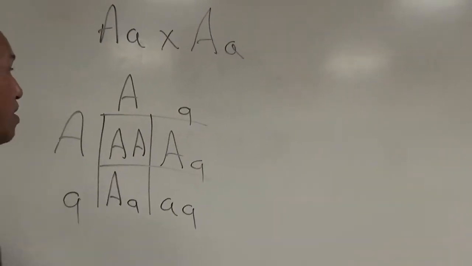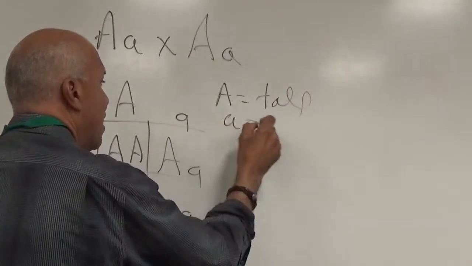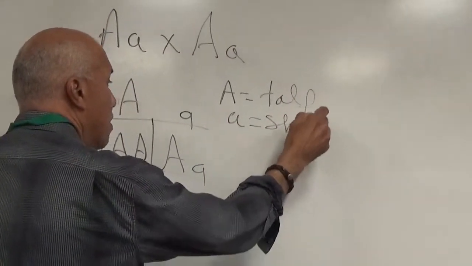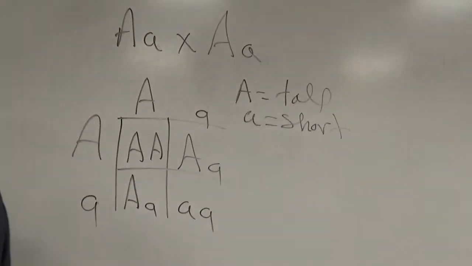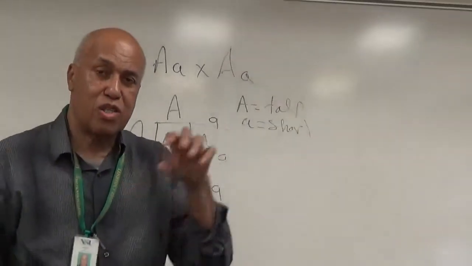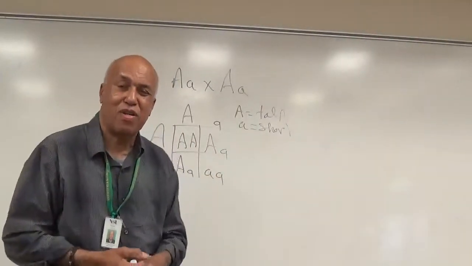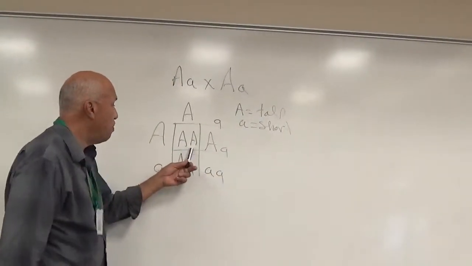So if the big A, let's say, equals tall, and the little a is short, and for a dominant gene, the general idea is you need one copy of it because it will dominate the other gene. That isn't exactly right, but it's okay for learning genetics. We have two big A's.